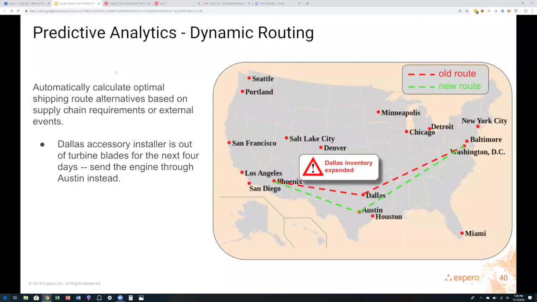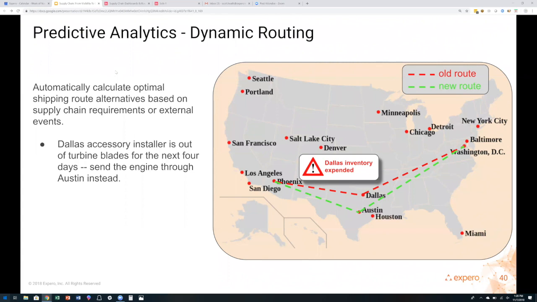And what we're interested in this one case is the dynamic rerouting Scott talked about a few minutes ago. If we have a situation wherein we're unable to deliver a shipment through certain fulfillment chain channels, we want a system that will automatically reroute that shipment. And you saw the visual output for that earlier.